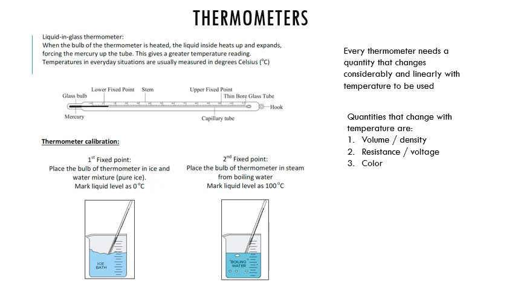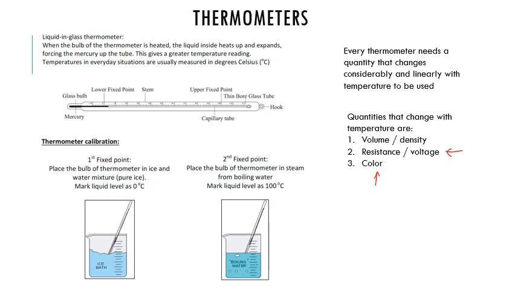We can use different liquids depending on what we want from that thermometer. There are other properties that work with other thermometers like resistance or voltage, which is basically what works with thermocouples. The color is for the thermometer where the color changes, which is the liquid crystal thermometer that we talked about.